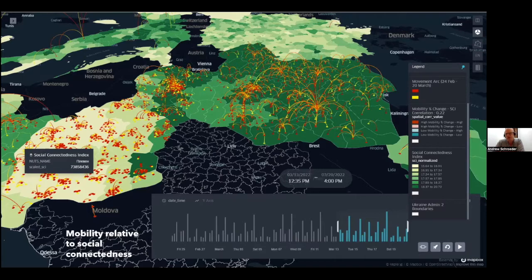We've been using the social connectedness index in combination with mobility data. That's from Facebook, looking at on-platform social connections and the likelihood that Ukrainians are connected on-platform to various areas in the European Union, and then looking at where mobility patterns over time are lining up or not lining up with those areas. It tends to be that Poland is far more socially connected to Ukraine than other areas, as well as the Czech Republic.